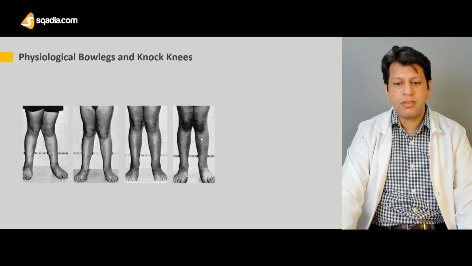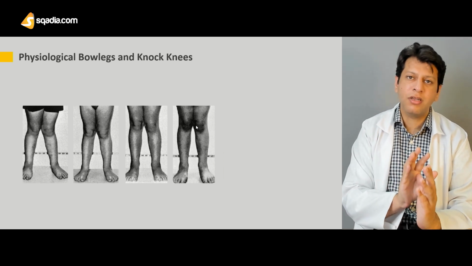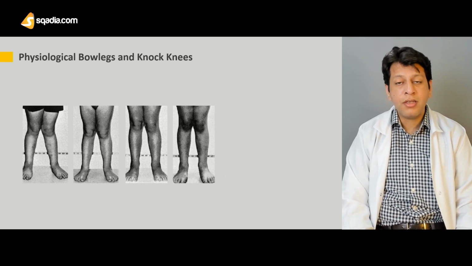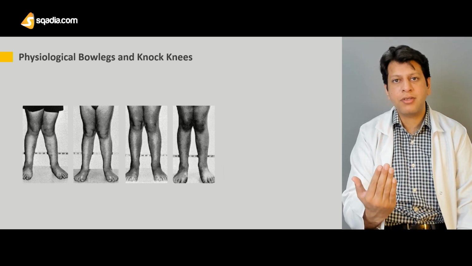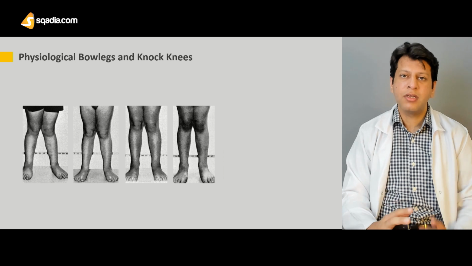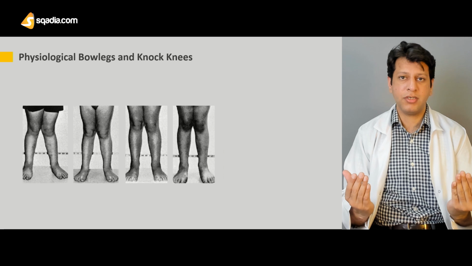But if you see this, you can appreciate a slight bend in the tibia, as well as the knee, and the patella is actually in certain internal rotation. And if you look at this patient from the side, you can appreciate slight flexion of the knee joint as well. Therefore, you have to see the patient as a whole.